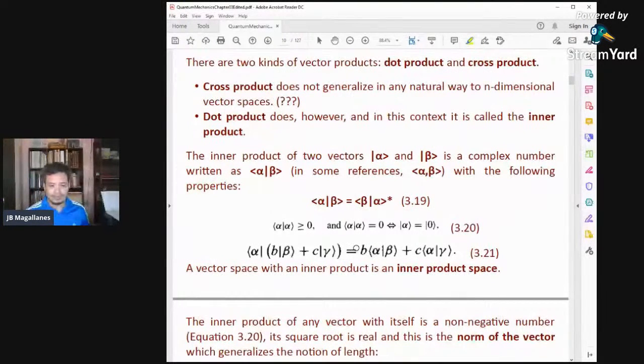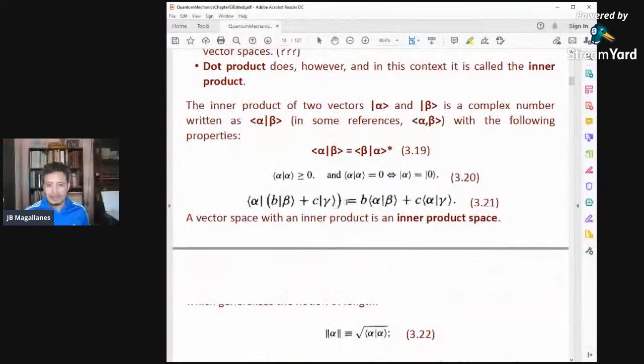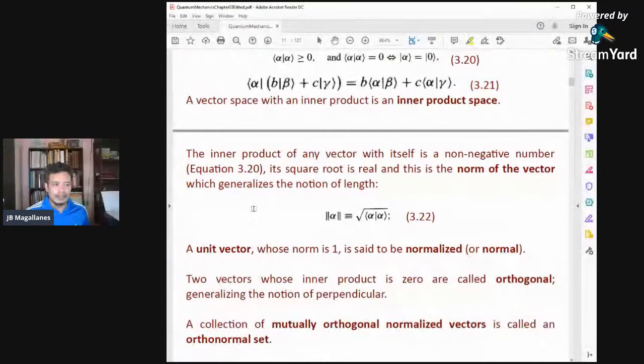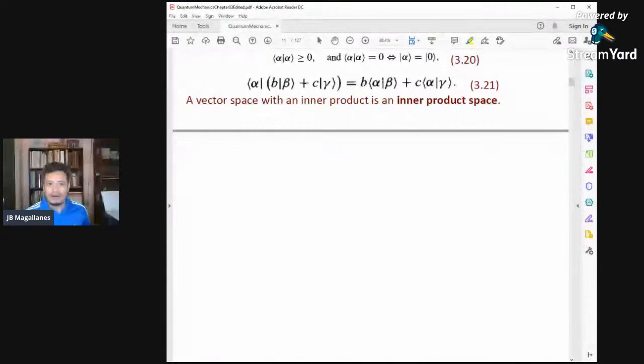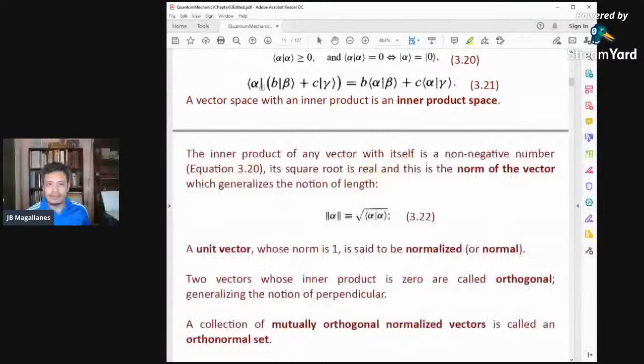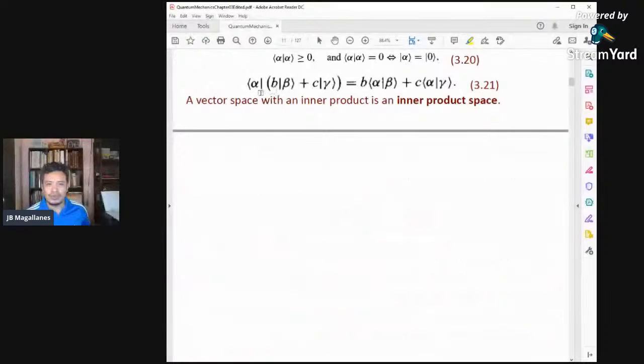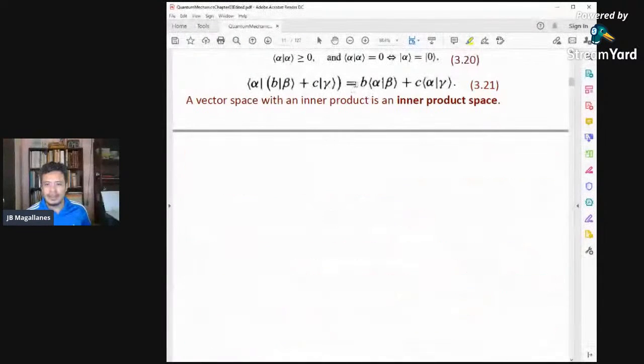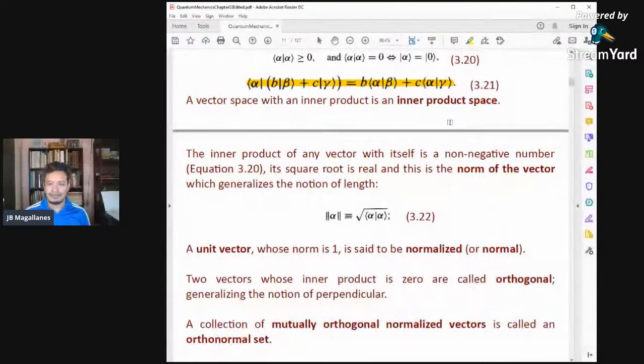And here you have alpha multiplied to a scalar b times the vector beta and a scalar c multiplied to a vector gamma, then this is a valid multiplication.